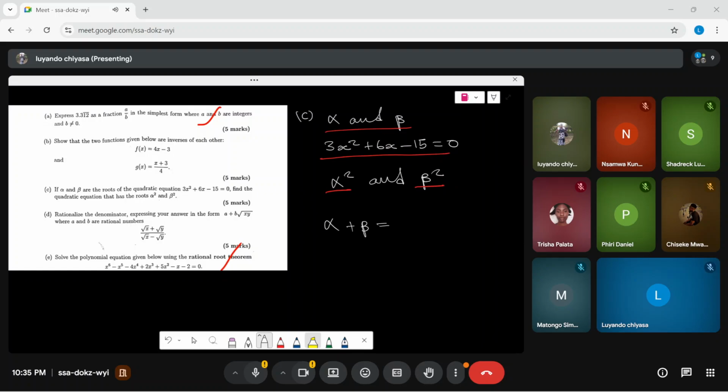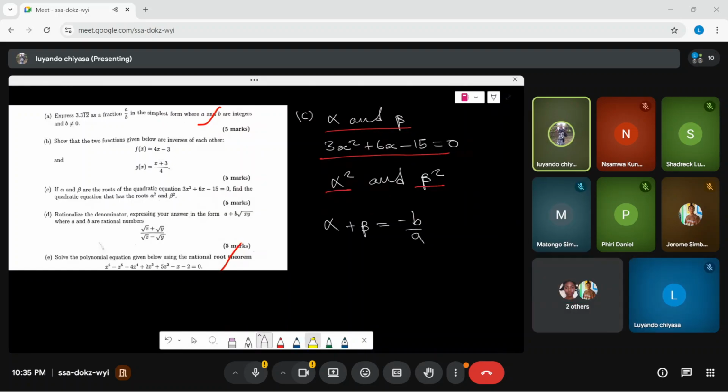We know that alpha plus beta is equal to negative b over a, where in this quadratic equation, this is a, this is b, this is c.